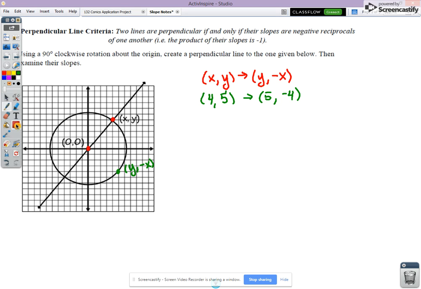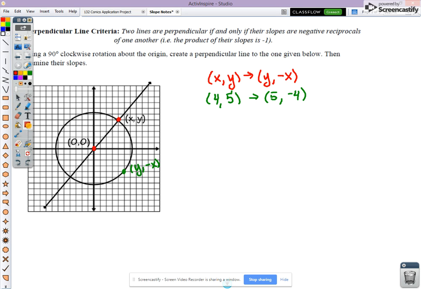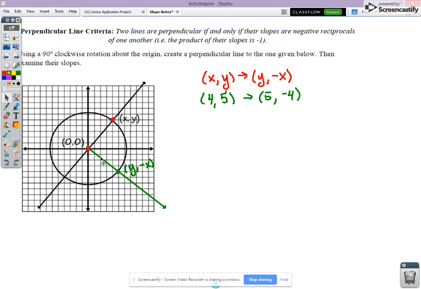And so I do in fact get a line now through the origin and this new point that I plotted. And if I extend it, you can see how it makes a 90-degree angle. It has to, right? Because we just rotated that whole line 90 degrees, making this a 90-degree angle. So these lines are perpendicular.